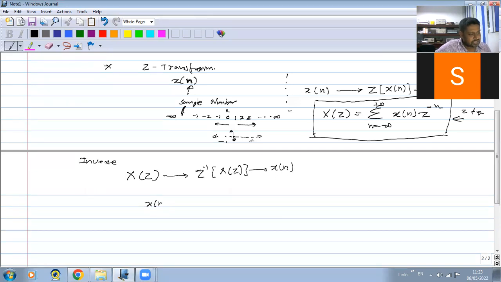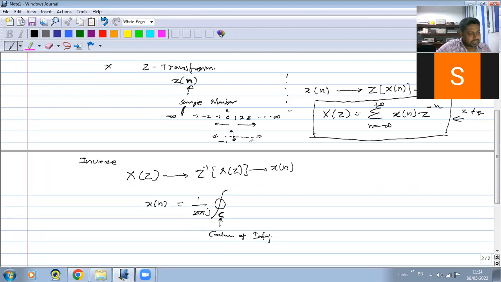So the definition is we have to do an integration. It is a closed loop integration, where this C is the limit. We call this the contour of integration.